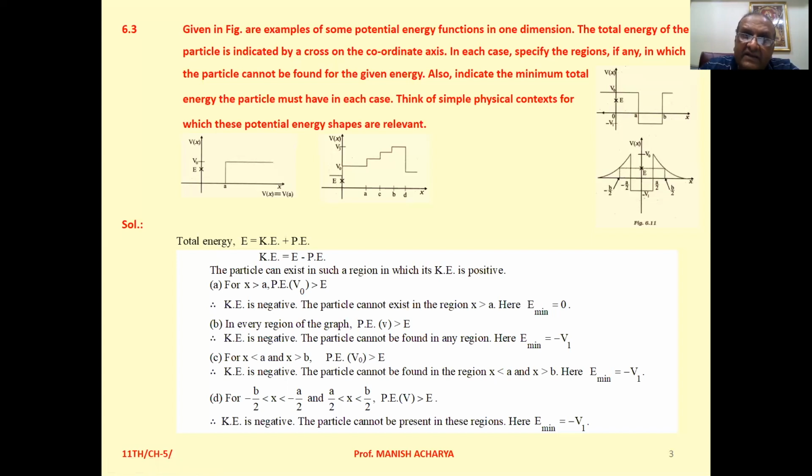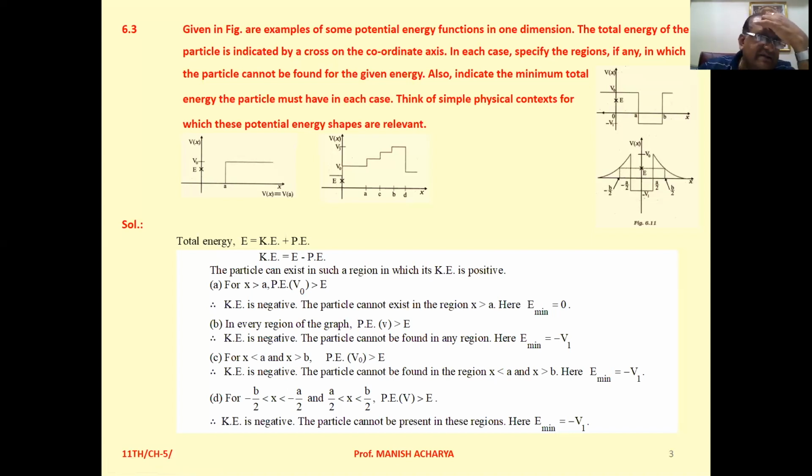If kinetic energy is negative, it implies that the particle does not exist in that region, because kinetic energy of the particle should always be positive. So for x greater than a, in that region, the particle will not exist. And minimum total energy, this can be 0 up to.